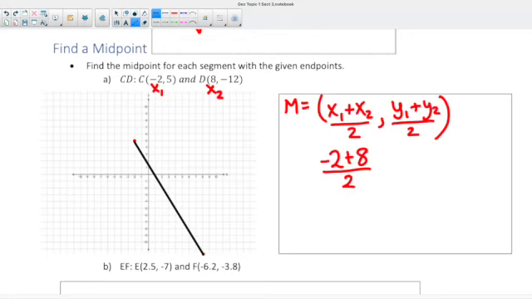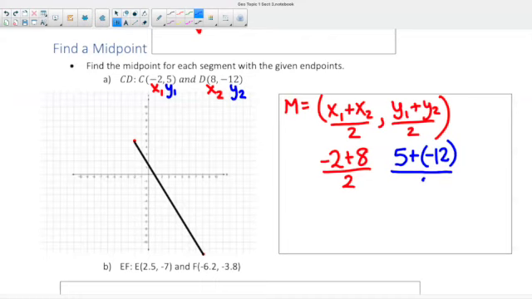For our y's, y1 is our 5, and y2 is our -12. So y1 is 5 plus -12. We're going to divide that by 2. Then we're going to have a comma in between because this is going to end up being a coordinate, a point.